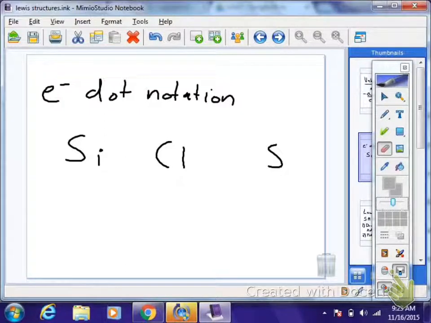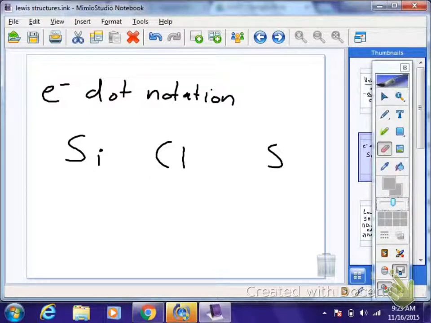Are they valence electrons? No. Do we count them? No. We skip them. They're not valence electrons because they're not outer shell electrons. Eventually they could be outer shell depending upon if you lose to get there, but to begin with they're not going to be outer shell.